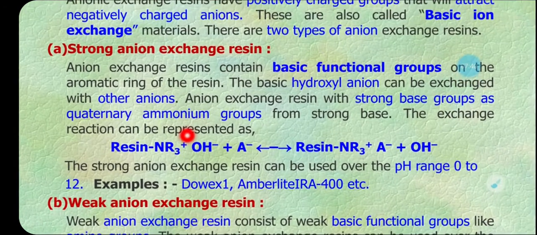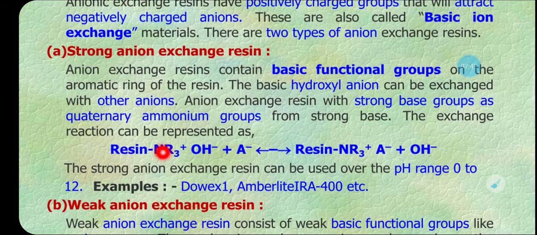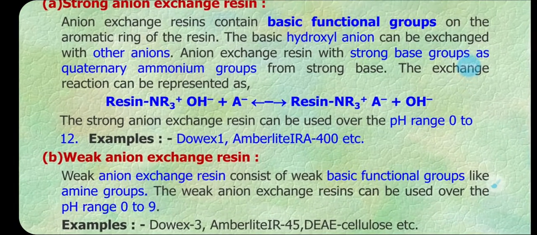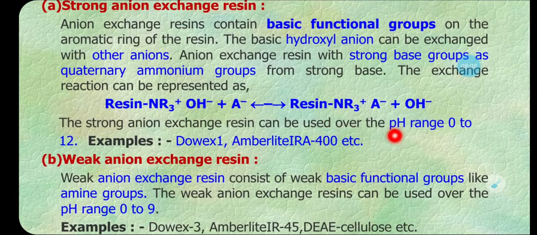Here quaternary groups are cross linked with the resin. This NR3+ is a quaternary group, a fixed ion. OH- ion is the exchangeable ion that will exchange with an anion, and this exchangeable OH- will go along with the mobile phase. Strong anion exchange resin can be used over the pH range 0 to 12.